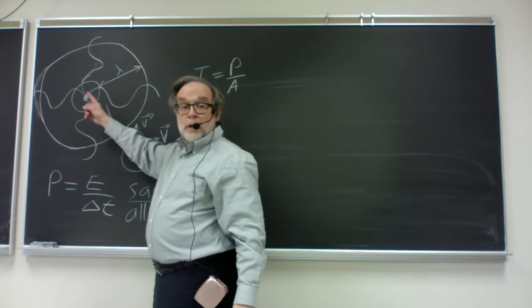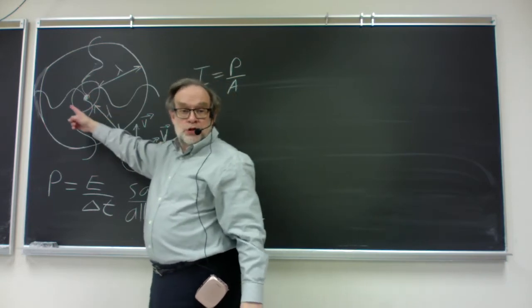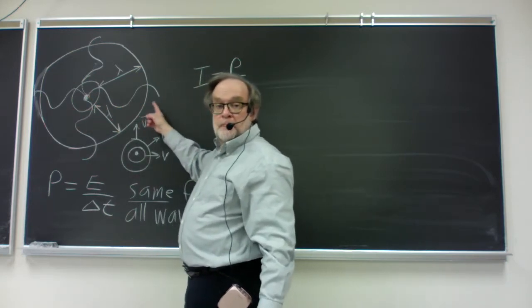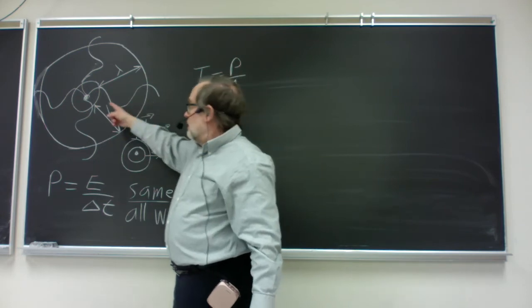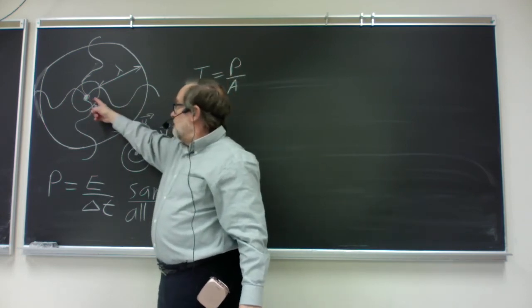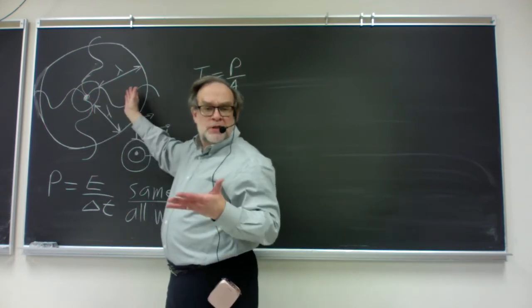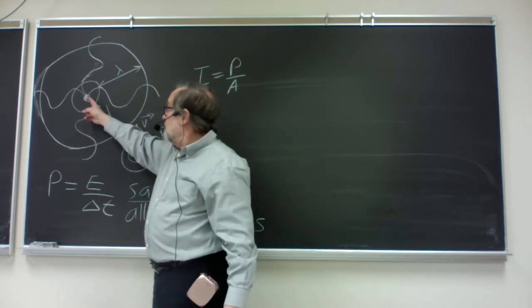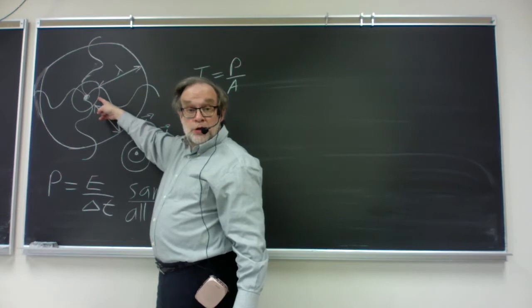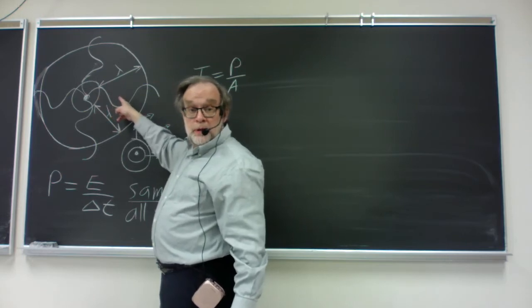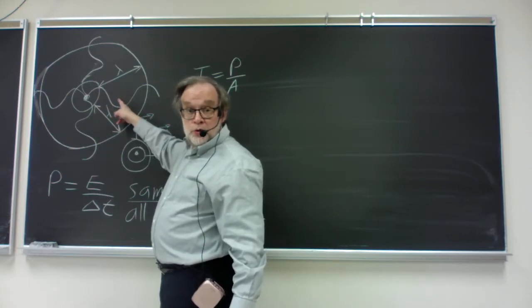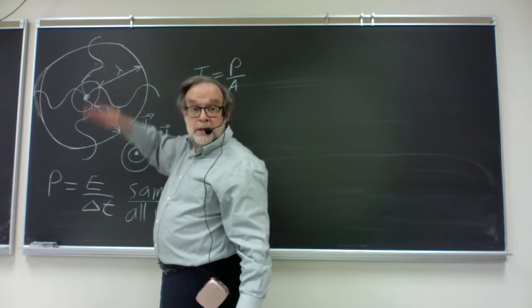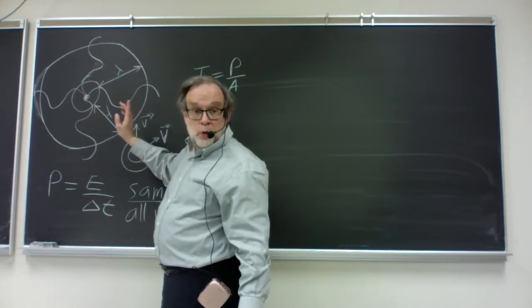If you look at one line emerging from the source, you'll see, think of this as kind of a snapshot graph. You'll see at any one point in time, here's a region of higher than usual pressure. Here's a region of lower than usual pressure. That's what the peaks and valleys on this curve will represent.